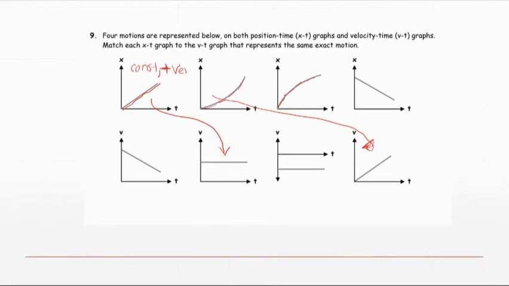So my velocity is decreasing, but I'm still in the positive direction. So that's going to be right here. Okay. And then for my last one, I have a negative slope, which means I have a negative velocity, but it's constant. So therefore, it's this one right here. Okay.